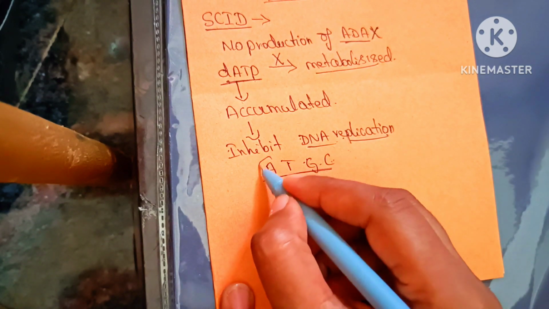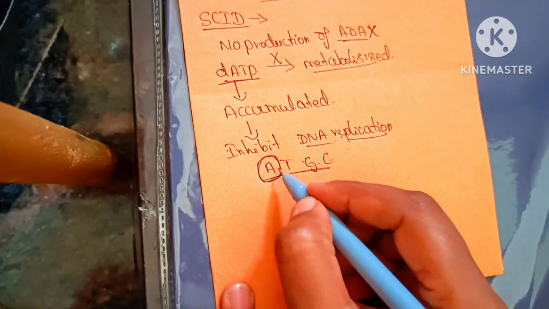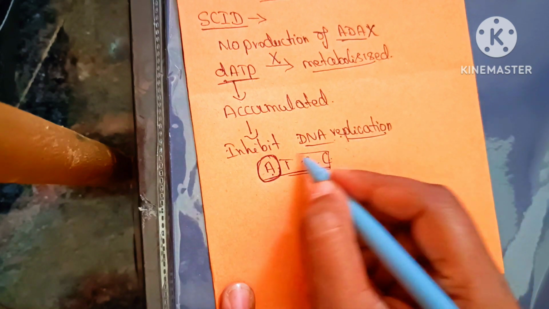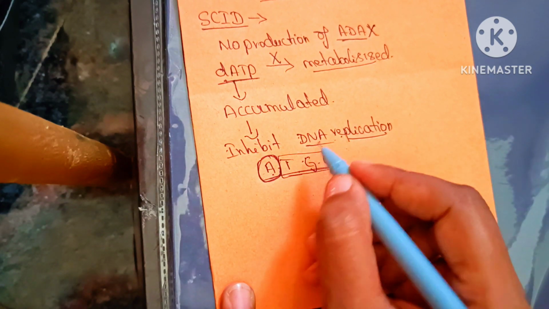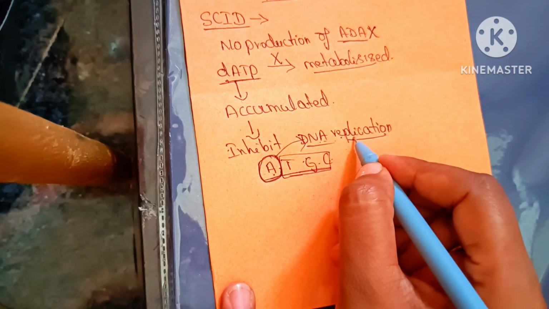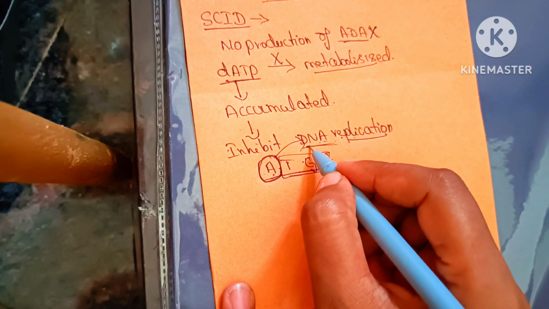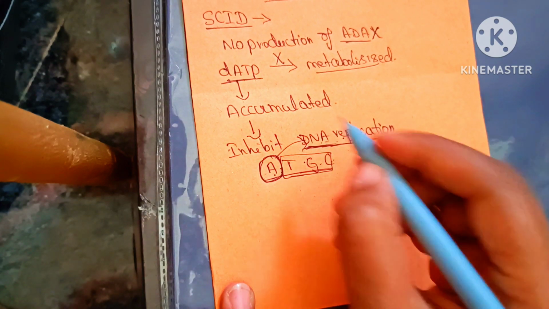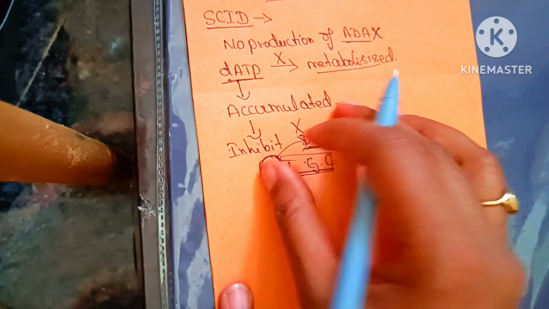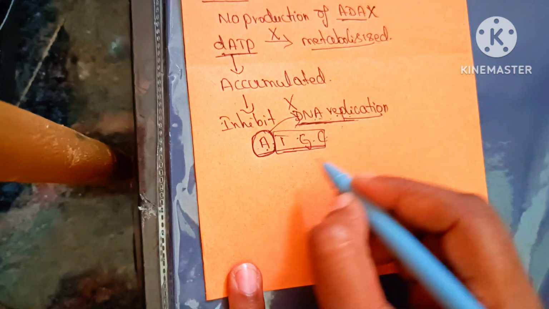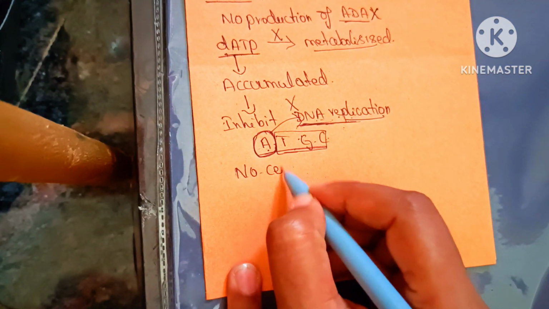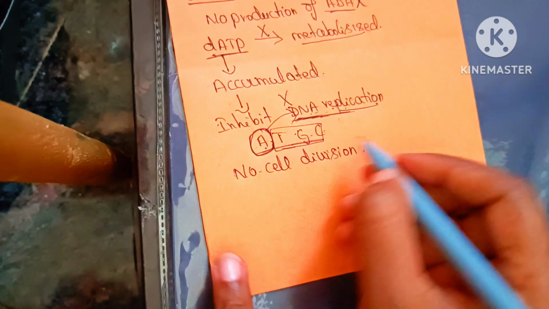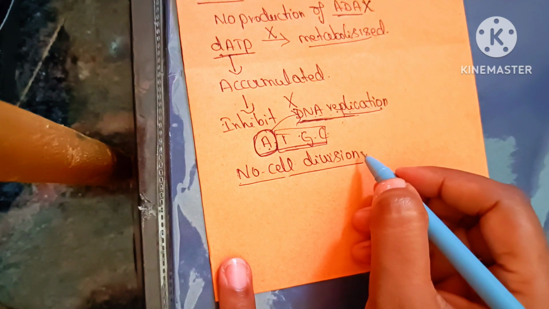If only the adenosine content is more, in the form of dATP, and the remaining are very low, then directly it will affect DNA replication. We know that for cell division the crucial step is DNA replication. If DNA replication is not taking place properly, then there is no cell division. If there is no cell division, then the different types of cells are not formed.